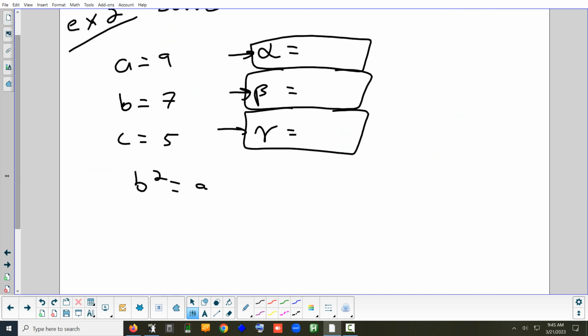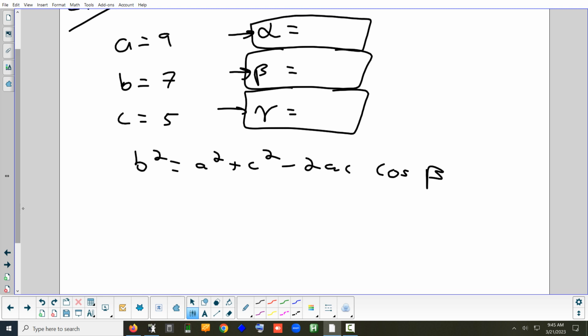So B squared equals A squared plus C squared minus 2AC cosine beta. Okay. As long as the sides are all integers, the numbers actually are a lot easier in this kind of problem. What's B squared? 49. A squared? 81. C squared? 25. And 2 times A times C. Well, let's do it like this.